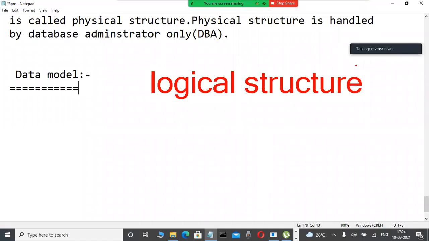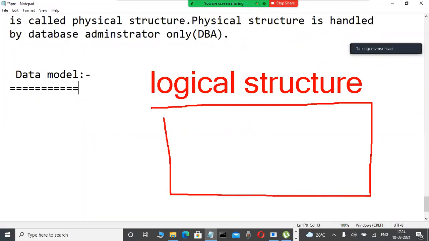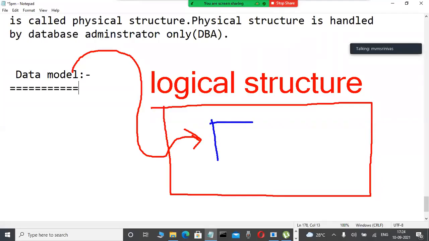A data model means how data is represented or stored in a logical structure defined by the data model. Nowadays, data is stored in records format only, rows and columns.